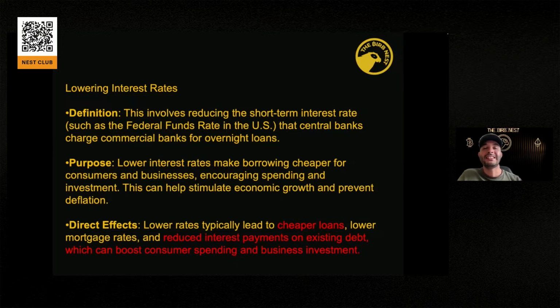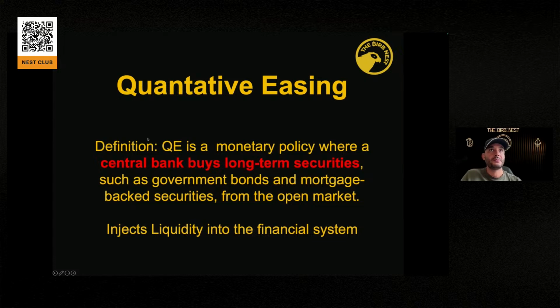Money is getting cheaper. And what are the direct effects normally? Well, cheaper loans, obviously, because lower interest rates mean lower mortgage rates and reduced interest payments on existing debts, which can hopefully boost consumer spending and business investment.